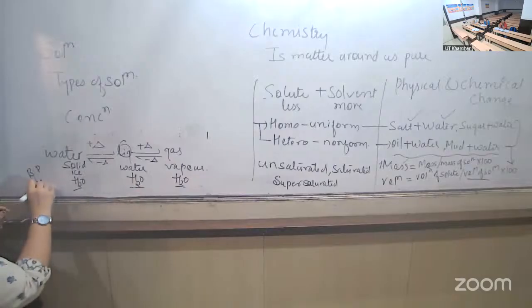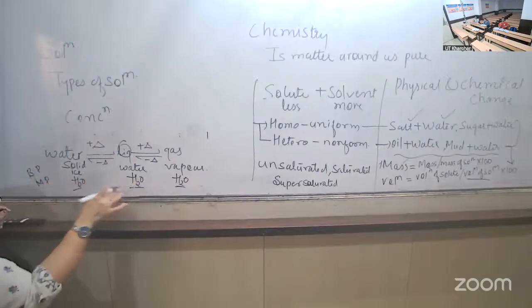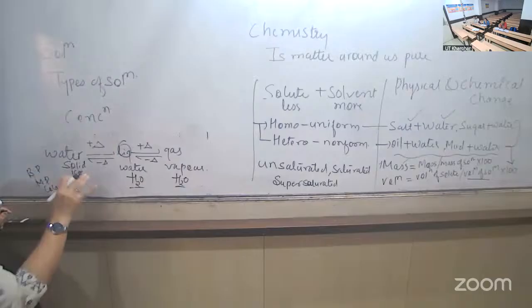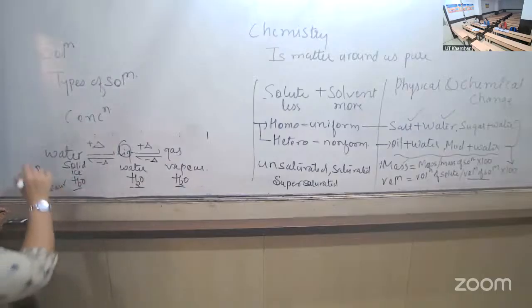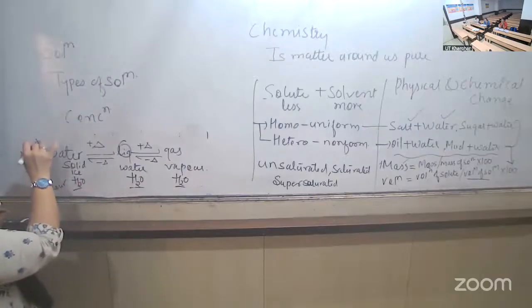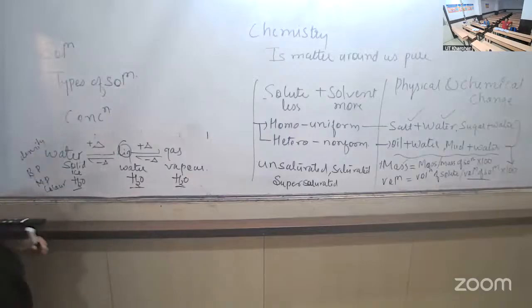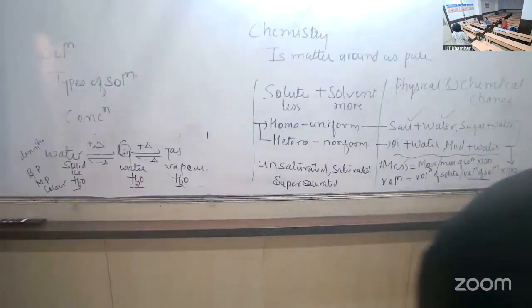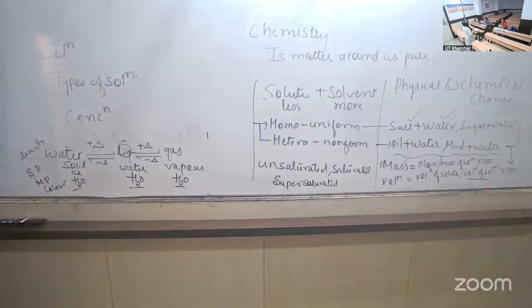If you go for the melting point, it will also remain the same. Is there any change in the color, any change in the density? These are specific, standard terms, they are not going to change. As long as the chemical composition is not changing, these properties will also not change.